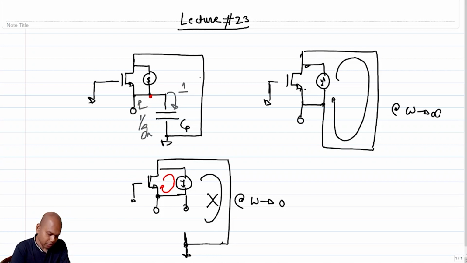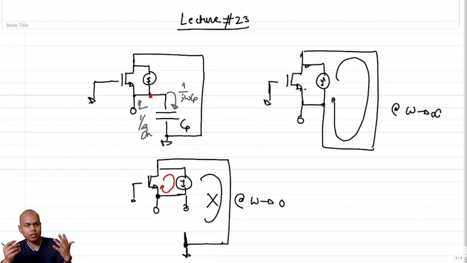This is 1 over j omega Cp. At omega t, that is when 1 over gm becomes equal to 1 over omega Cp, that is omega equal to gm over Cp, which in this context is omega t, but you understand it's some gm over some C associated with that node. The magnitudes of the currents are equal, and that gives you a cutoff frequency as to where most of the noise current from the cascode comes out.